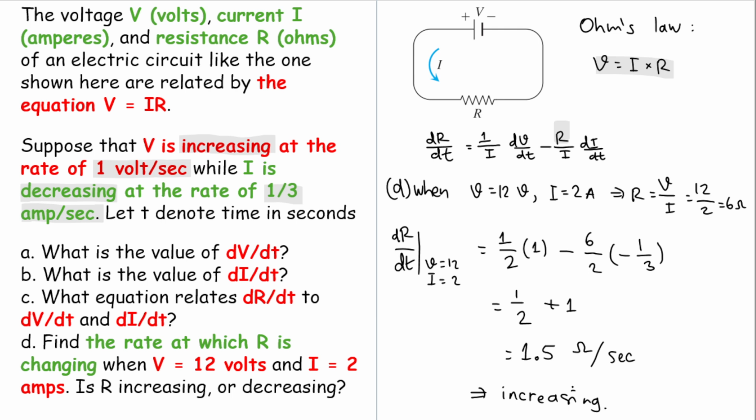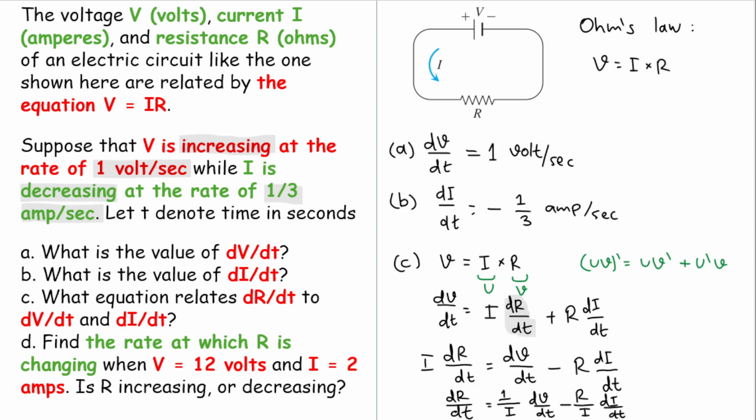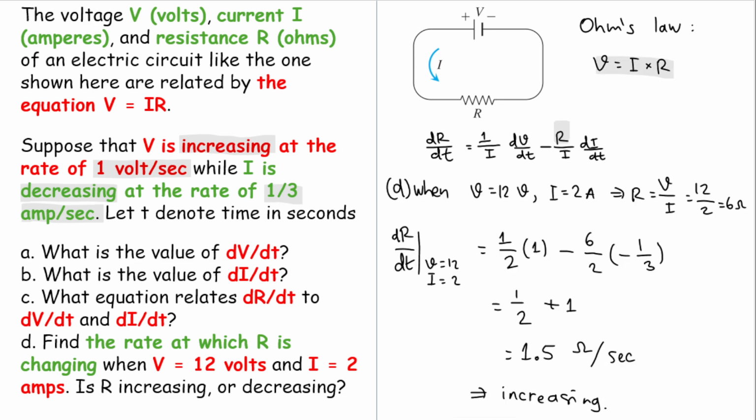We have answered all the questions. A is 1, B is minus 1/3, and we have the formula for dR/dt. We also have the rate of change of the resistance, which is 1.5 ohm per second, and it is increasing.